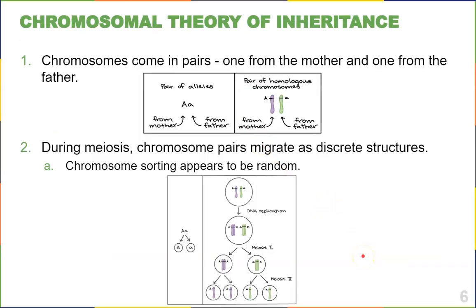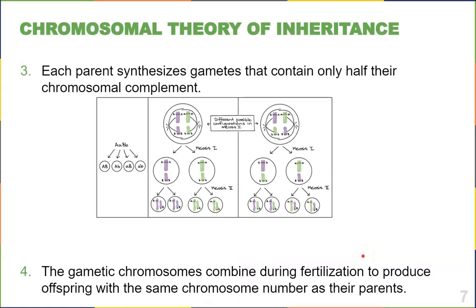Okay, so chromosome sorting is random. Each parent synthesizes gametes that only contain half of their chromosome complement. And then the chromosomes combine during fertilization to reach the same chromosome number as their parents. So we cut the chromosome number in half, from 46 to 23 during meiosis.